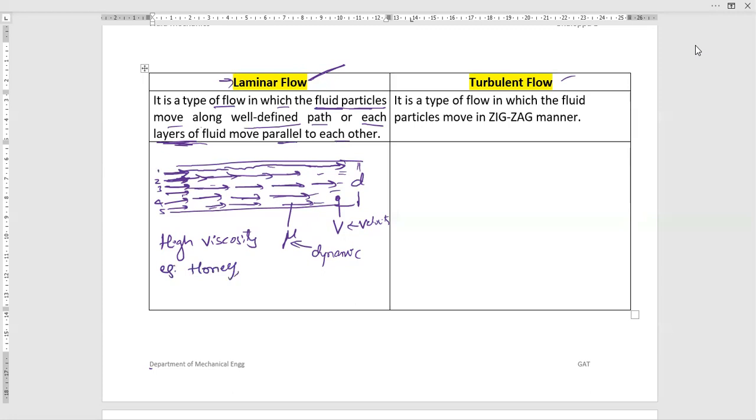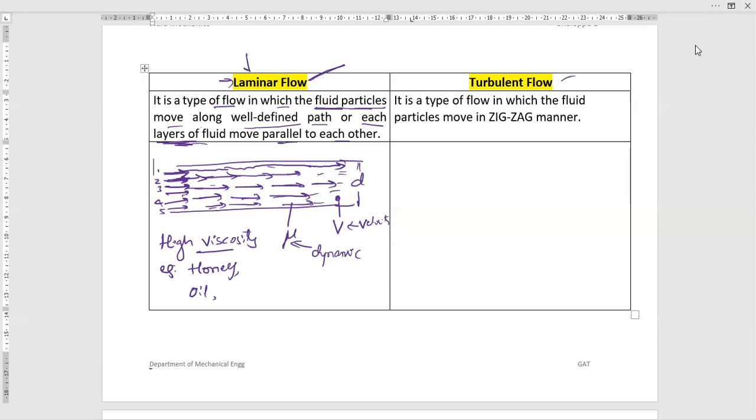The flow of honey is laminar flow. Or lubrication oil, which is used in automobiles and everywhere to reduce friction. Lubrication oil can also be considered a laminar flow fluid. Any oils which have high viscosity undergo laminar flow.